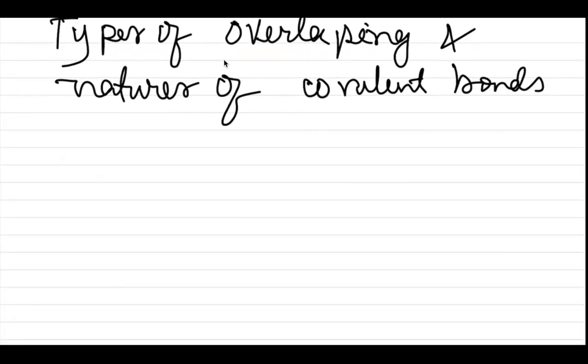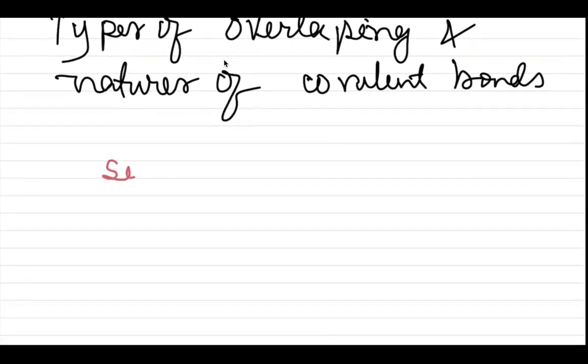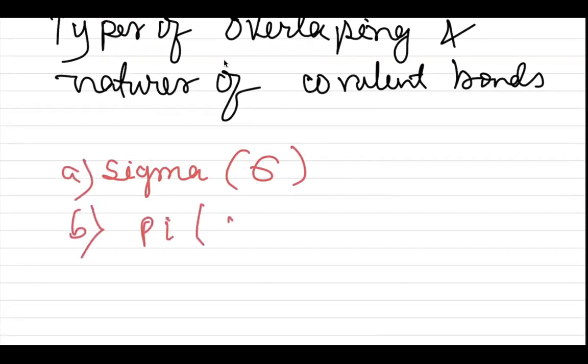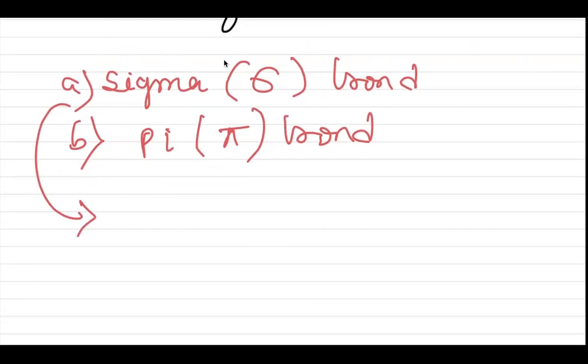One is the sigma bond, and another is known as the pi bond. Now let's see what a sigma bond is. It is a type of covalent bond.